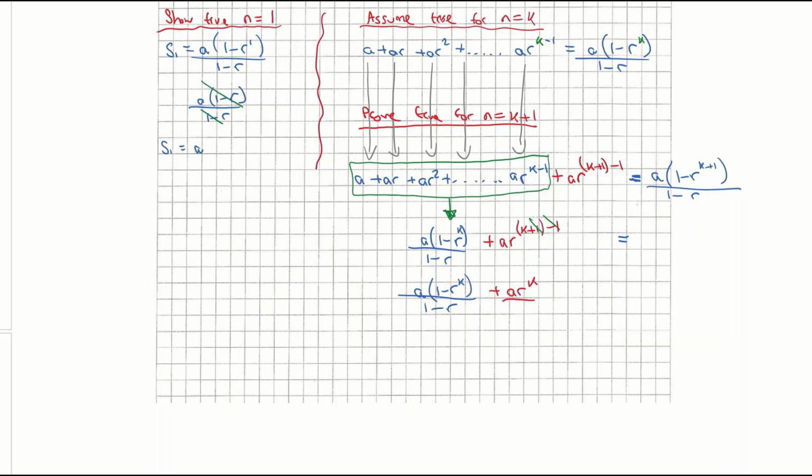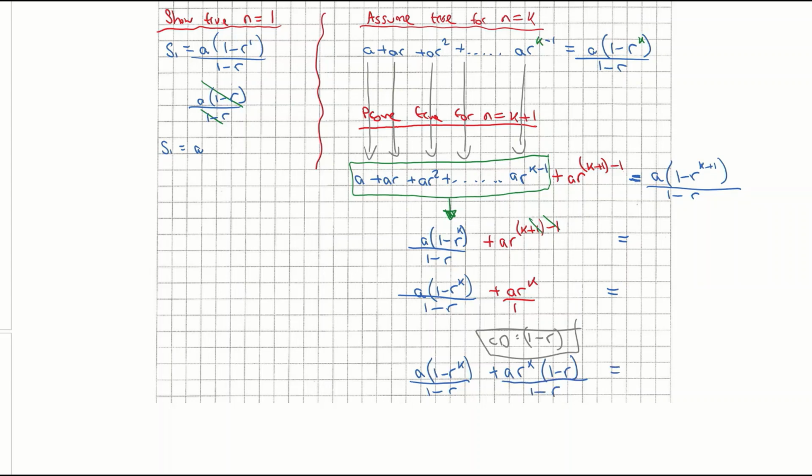I'm going to put that over 1, and I'm going to find my common denominator so I can add these two fractions together. So my common denominator here is going to be 1 minus r. So I'm going to keep my left-hand fraction as it is. It's already over my common denominator, so nothing to do there. But my right-hand fraction is now going to become a multiplied by r to the k times 1 minus r all over 1 minus r.